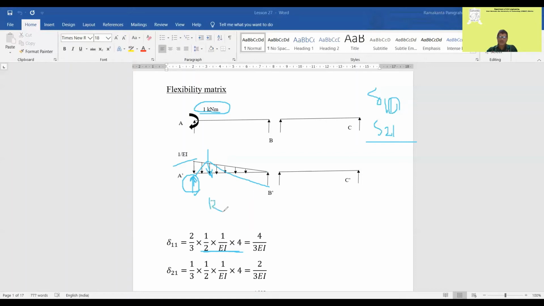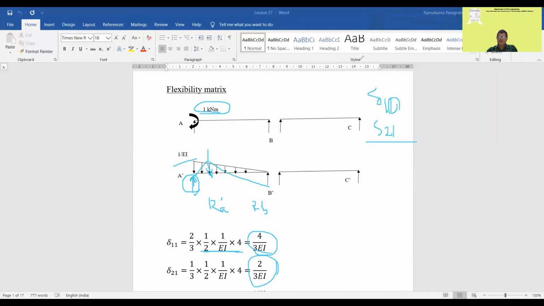Or you can use your intuition, because the load is at the CG, this is 1/3, this is 2/3. So 2/3 will come here, 1/3 will come here. We find 4 by 3EI and here 2 by 3EI. We find delta 1,1 and delta 2,1.